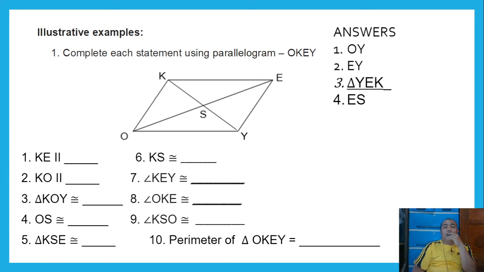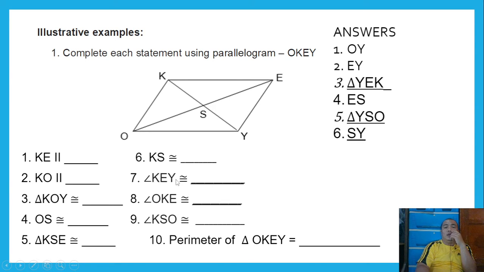Number 5, triangle KSE is congruent to what triangle? Triangle KSE is congruent to triangle YSO. Correct. Number 6, KS is equal to SY, since the diagonals bisect each other.